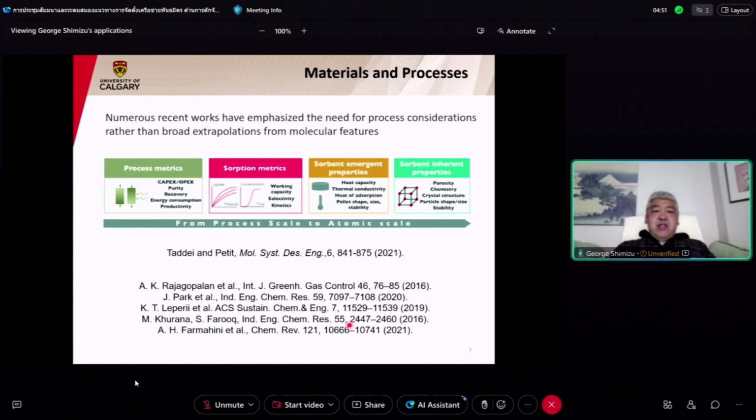I think what's very important is to at least be able to speak the same language. And this is something more and more appreciated now, that process considerations, rather than just making broad extrapolations from the molecular features, matter. In this figure from a very nice review by Marco Tadai and Camille Petit, I'm working down here.